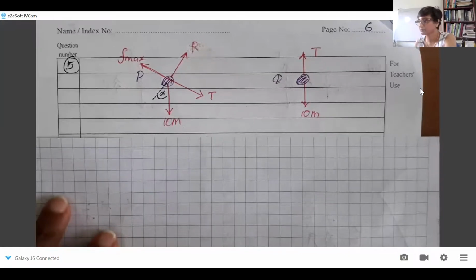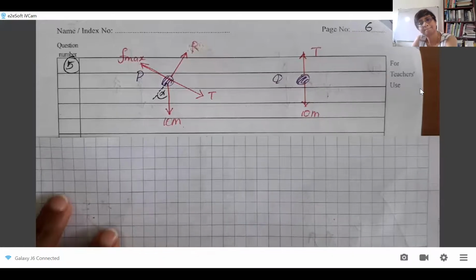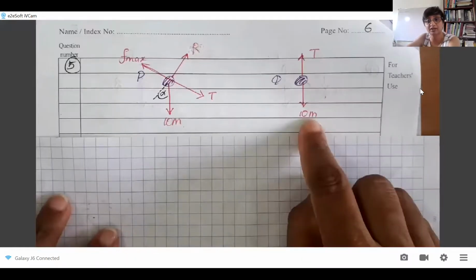I have not mentioned tension. Without tension, how can you have connected particles? Connected particles have tension. So did you have Q only with one force acting on it?